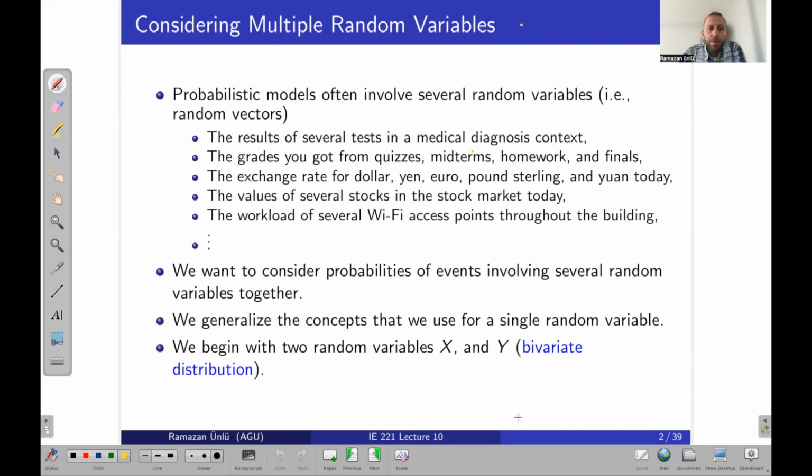But in real-life examples, probabilistic models often involve several random variables, and we can call them random vectors. We can give several examples of this kind of problem, for example the results of several tests in a medical diagnosis context.